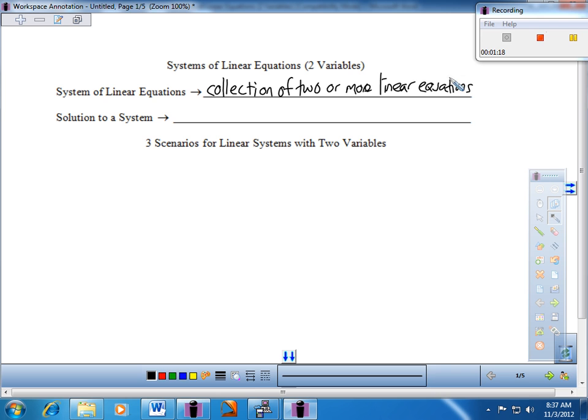Now again, I'm going to say solve the system, and what that solution represents are the values of the variables. Because we're talking about a linear system in two variables, we'll talk about x and y, so the values of the variables that make both equations true.